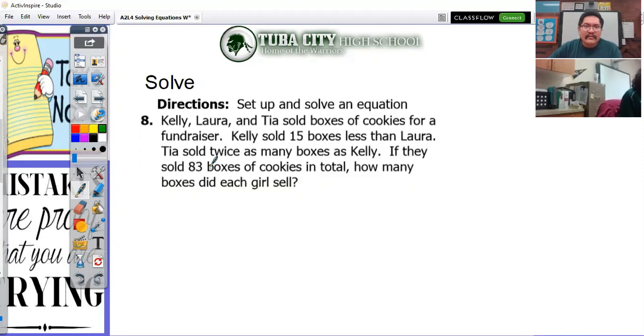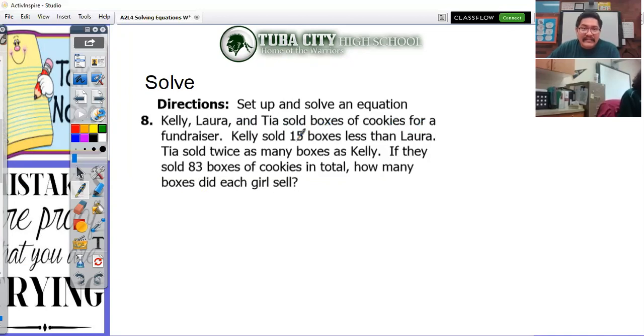Now, our first clue statement says, Tia sold boxes of cookie. Oh, wait. Sorry, I meant to start here. My eye left here and I didn't come back to write exactly where I was. So sorry. First clue statement is Kelly sold 15 boxes less than Laura. So we don't know how much they sold.